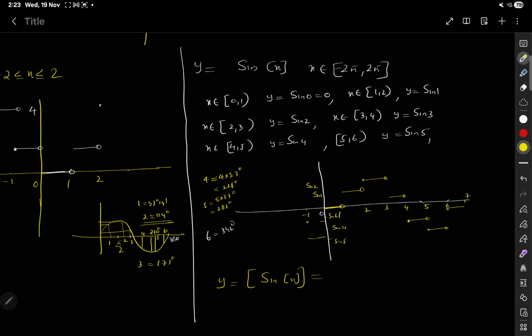If you take its step, what will happen? All this portion will become 0, 0 to pi, because everything is lying between 0 to 1. So it will be completely 0. So graph will be like this up to 4. Correct? Then this and this and this, it will be minus 1. Okay? Understood? Which graph am I talking about? Step of sine step x. Okay?